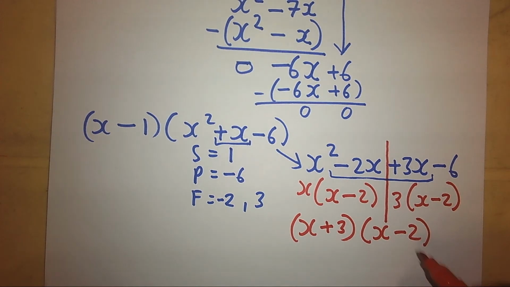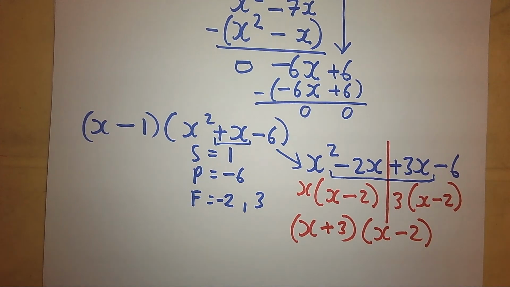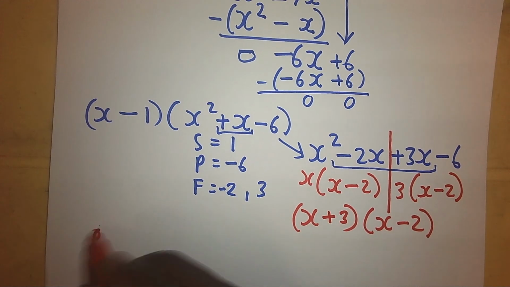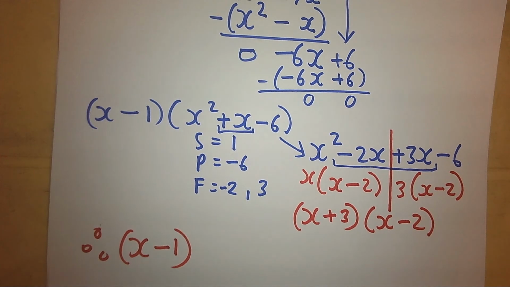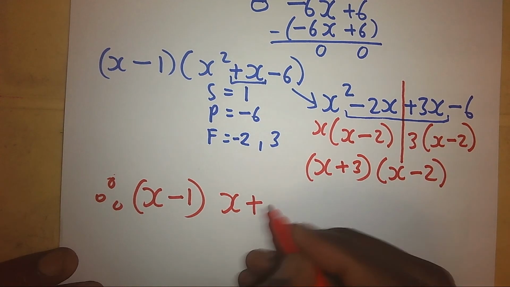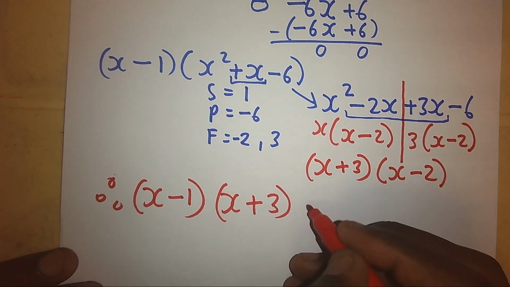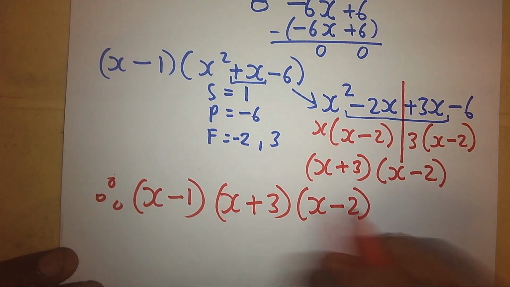Now, I have factorized my cubic expression, and my three factors are x minus 1, which I obtained from the beginning. My next factor is x plus 3, and finally, my final factor is x minus 2.